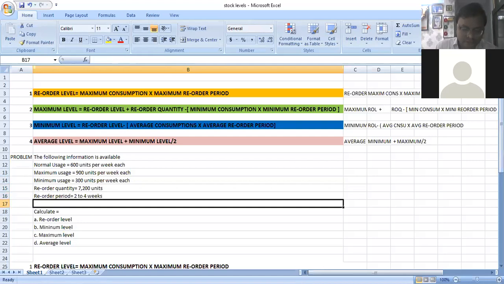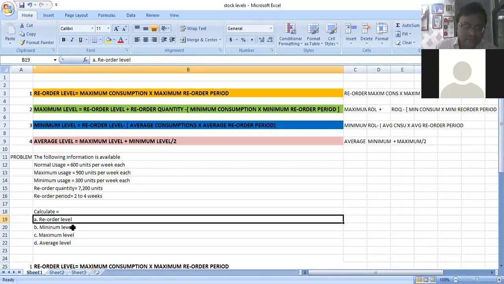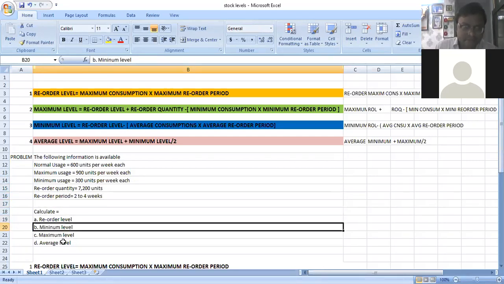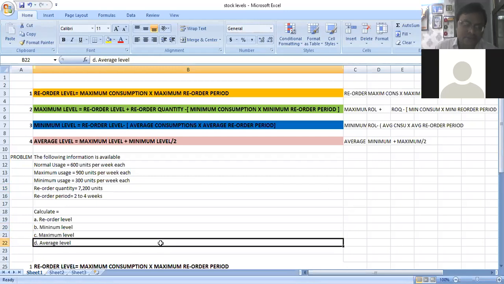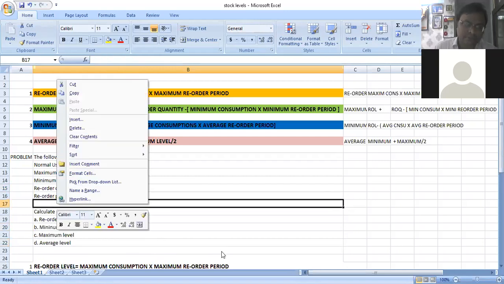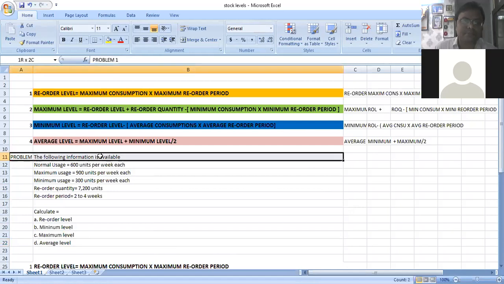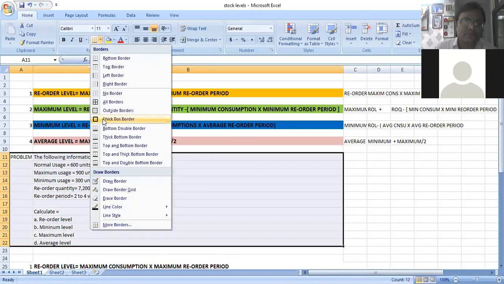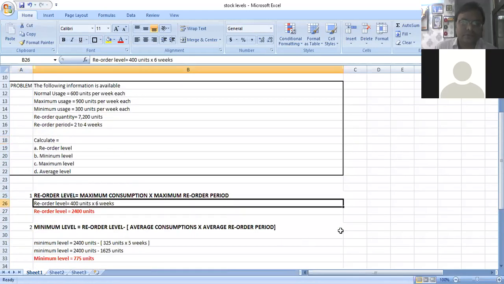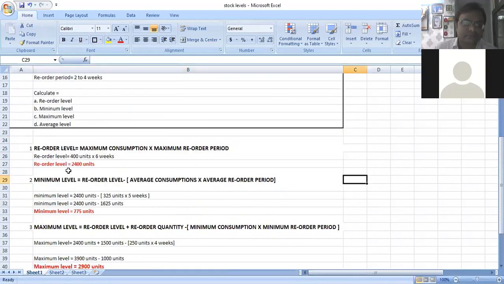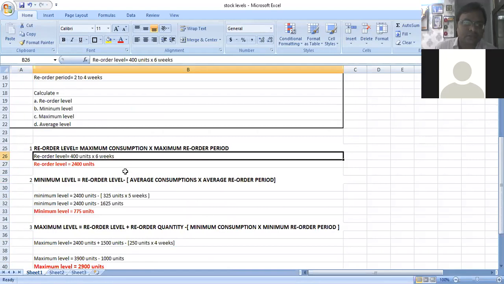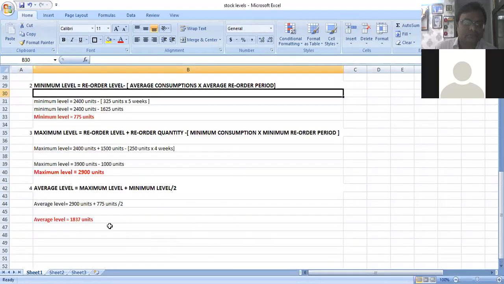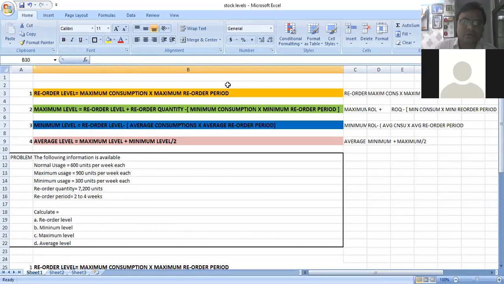So you are required to calculate the reorder level, minimum level, maximum level, and average stock level. So this is a problem for you. Determine your answer. Understand? Read the problem carefully, and then we'll start with the solution.